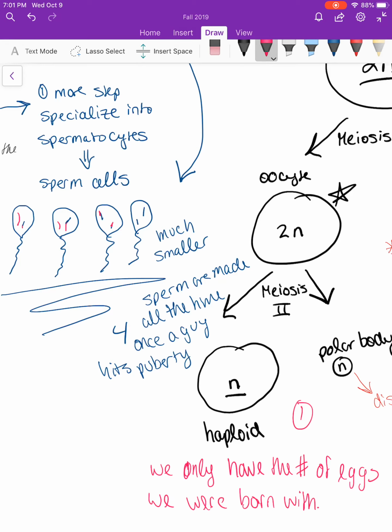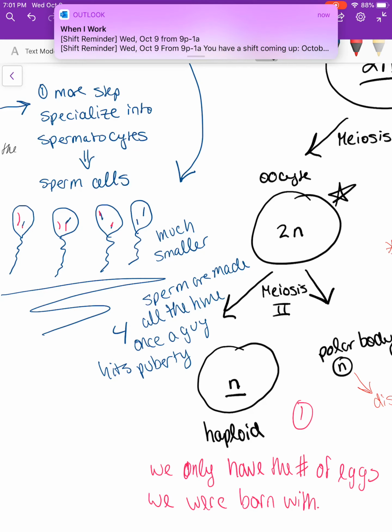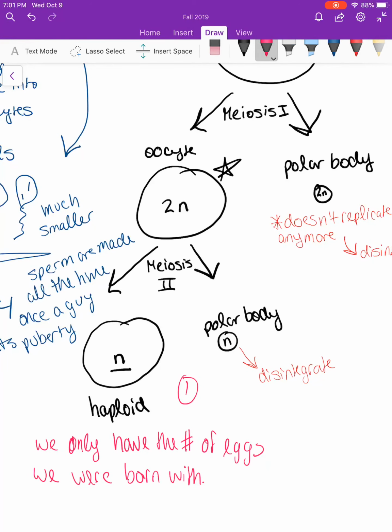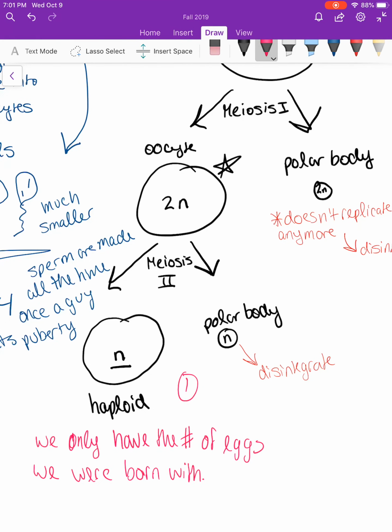So since we aren't making these all the time, these have to last a pretty long time, don't they? So you would think that they need to have the cell machinery inside of them to last a long time. So that could be a possible explanation as to why this process of creating the polar bodies and only having one big oocyte at the end of meiosis would be a thing.